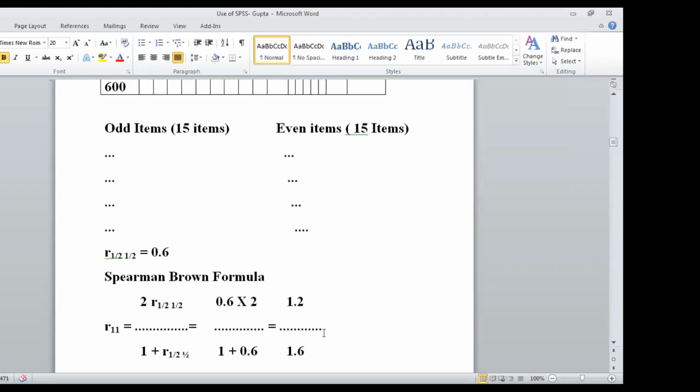And if you solve it, it will be 0.75. So 0.75 becomes the split half reliability coefficient.